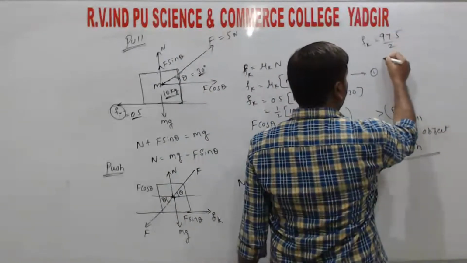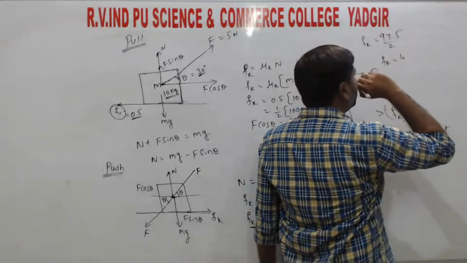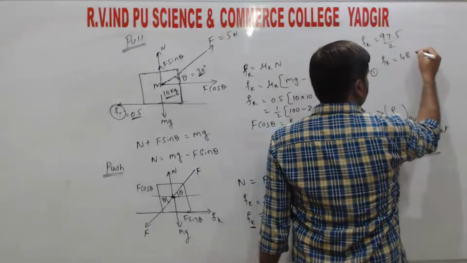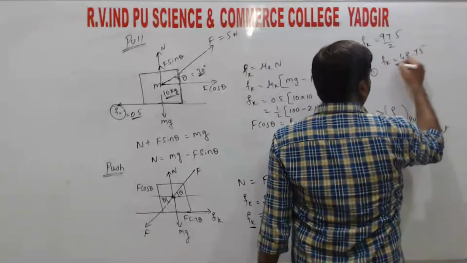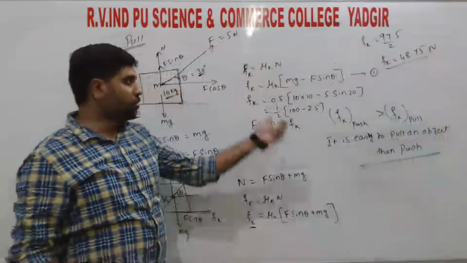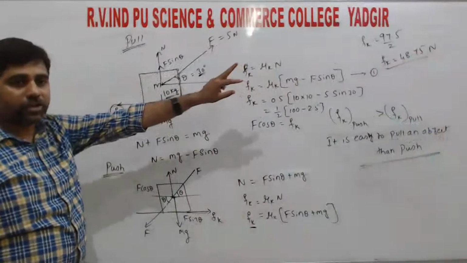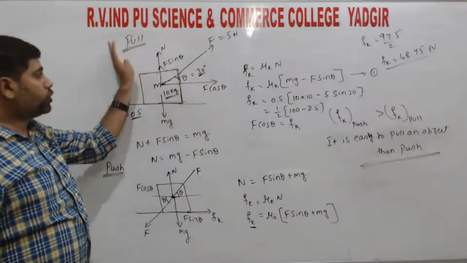Divided by 2. So 2 4s are 8, 2 8s are 16, 2 7s are 14. So Fk is 48.75 Newton. Since we took a general example, this much friction force acts in the case of pulling.